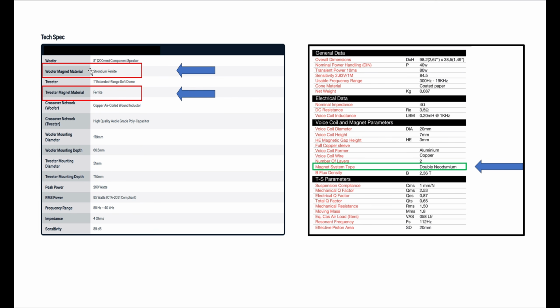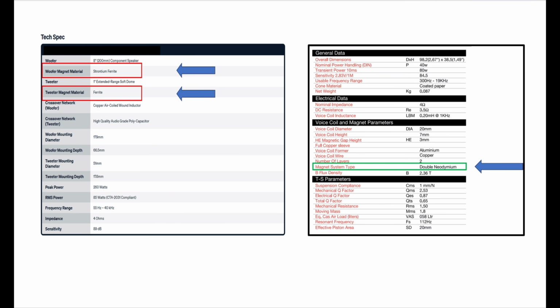Sometimes the marketing people put these extra terms on to make them sound fancier, but it's all the same stuff. Or you might find it's a neo magnet, and they list neo, or double neo, or neo plated, or whatever. These are different terms for the same things, but you can tell what type of magnet your speaker has.